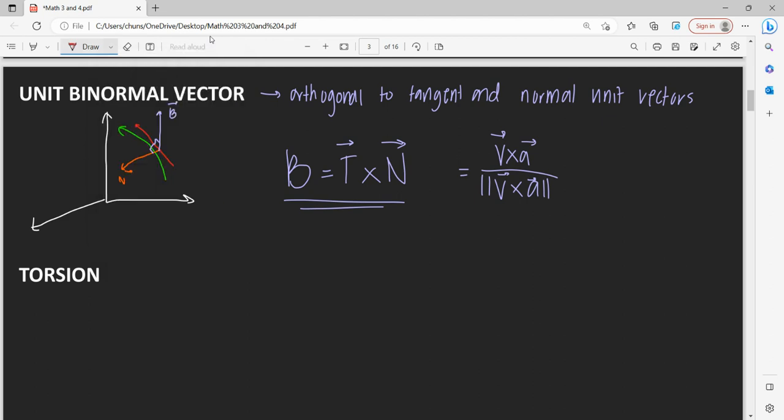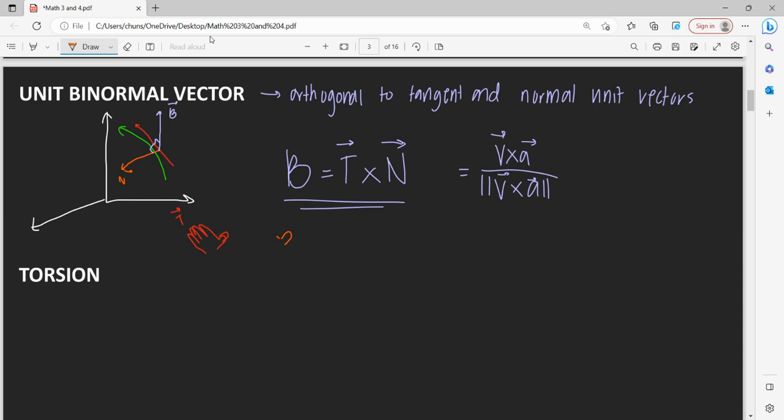So if I started by pointing my fingers along T, this is just some bonus knowledge. You don't need to know this, but I think it's nice to always draw it back.